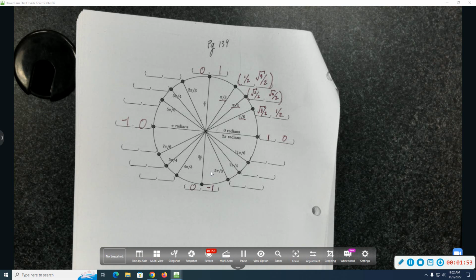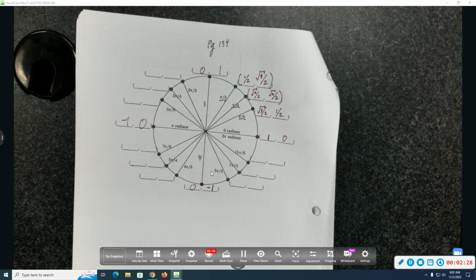What happens if you take an angle and make it negative or subtract it from 2 pi? Right here it stays the same. And perhaps here's a good way to see that. You can go up by pi over 6. Or you can go down by pi over 6. Either way, you're making the y values negative, but the x values are staying the same.